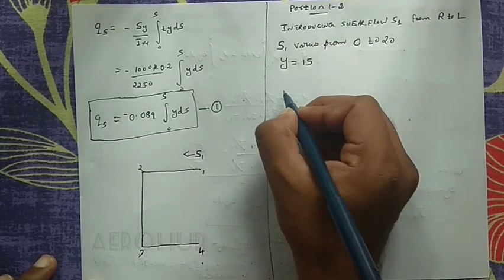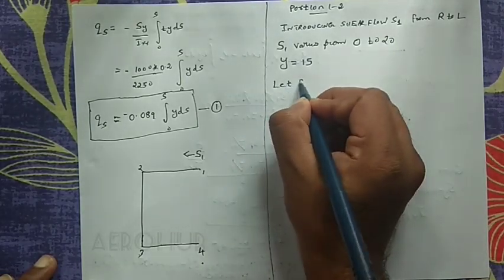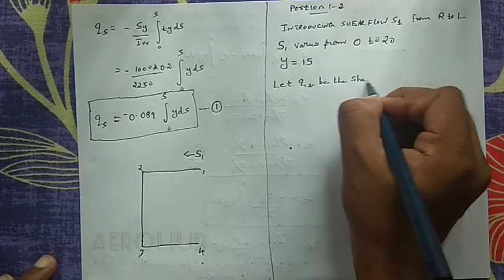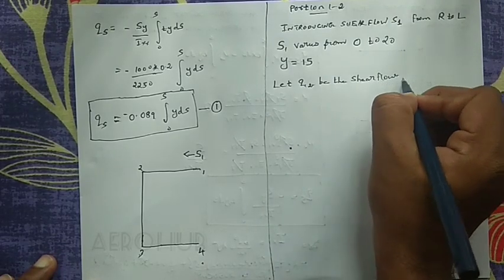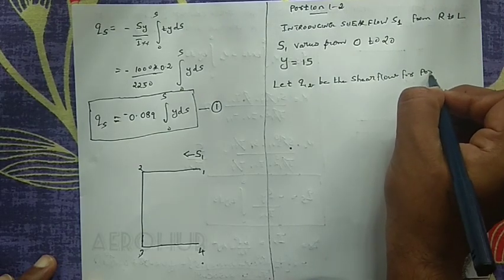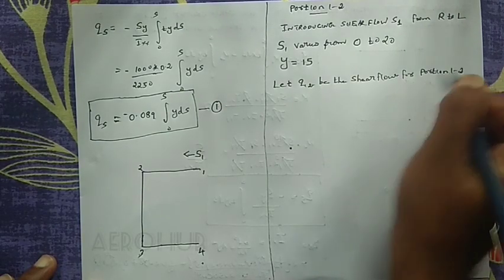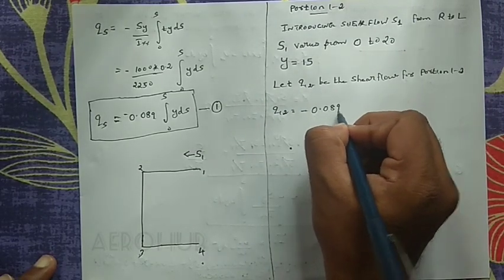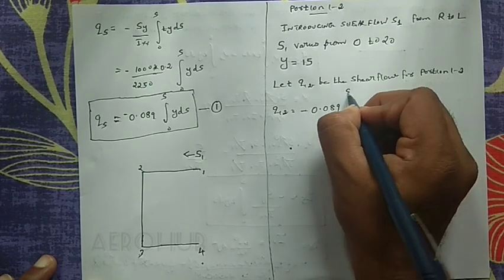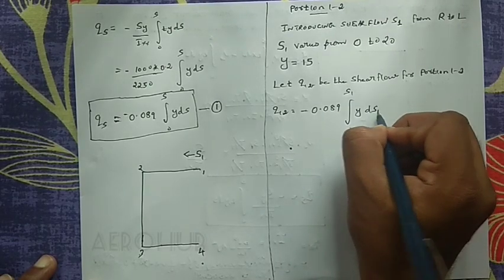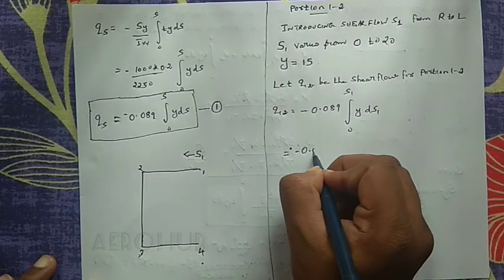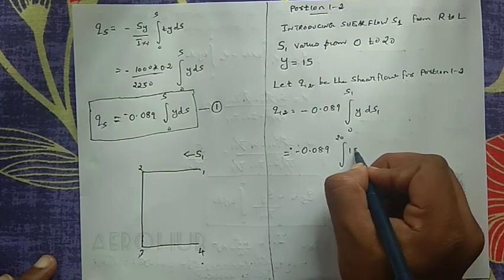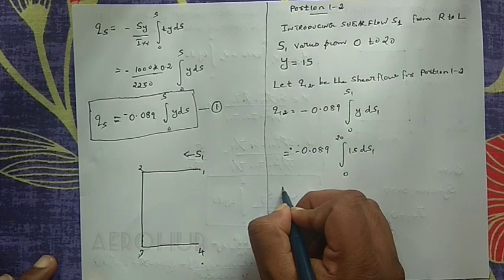Now let Q12 be the shear flow for portion 1 2. So Q12 will be equal to minus 0.089 integral 0 to S1 y ds1. S1 varies from 0 to 20, y value is 15 ds1.